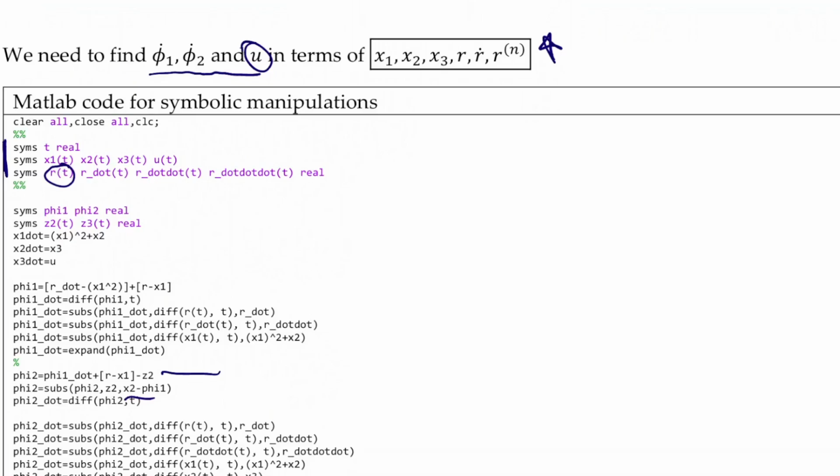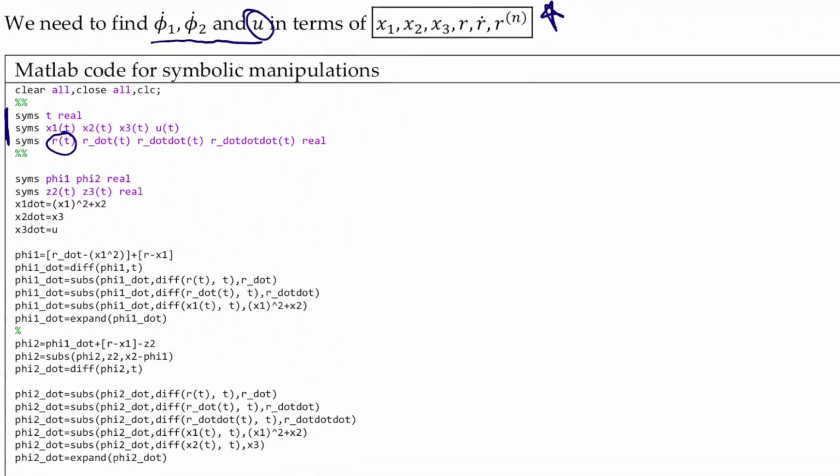And we want the final expression to depend only on state variables and reference signals, okay. So we don't want a control law where there is z1 or z2 etc. in it, which are not state variables, okay. I don't think more explanation is necessary.